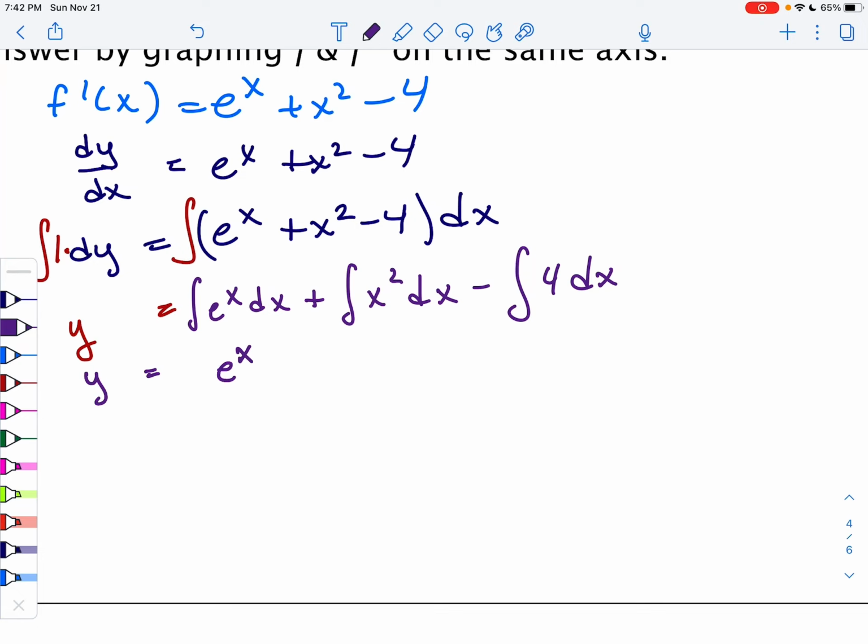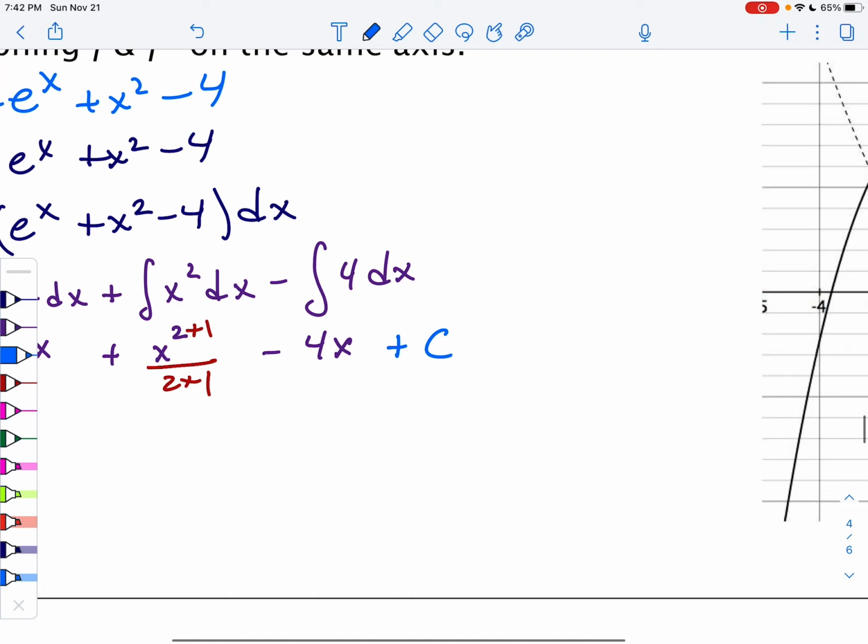E to the x does. We're integrating with respect to x, and we have x to a number, so we can use our power rule. So we can use x to the 2 plus 1 over 2 plus 1. And what function has derivative equal to 4? 4x does, right? But we don't want to forget to add our plus c.